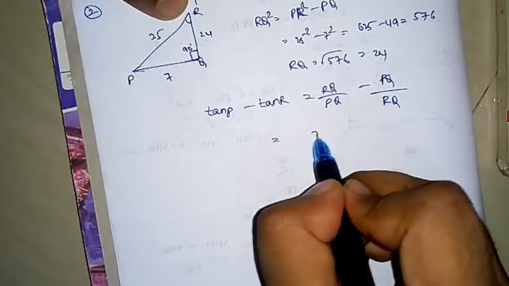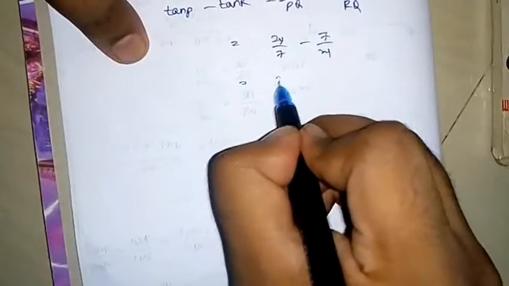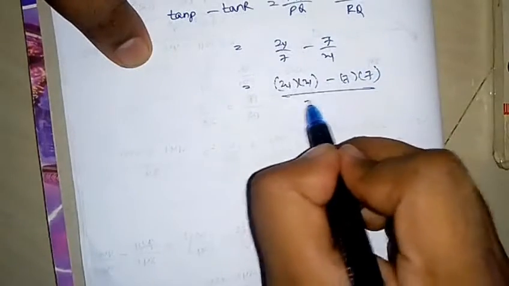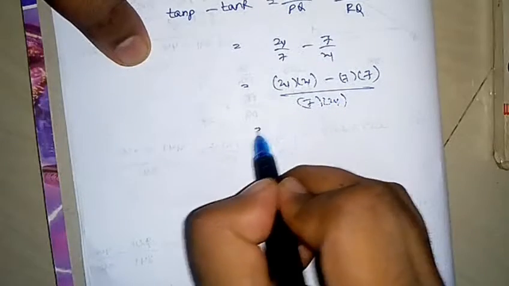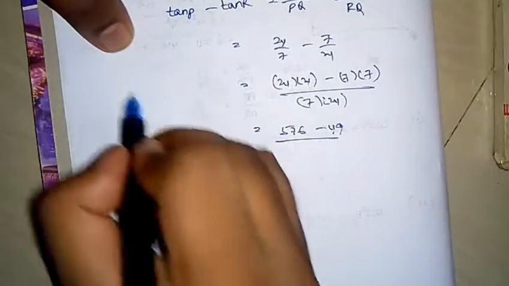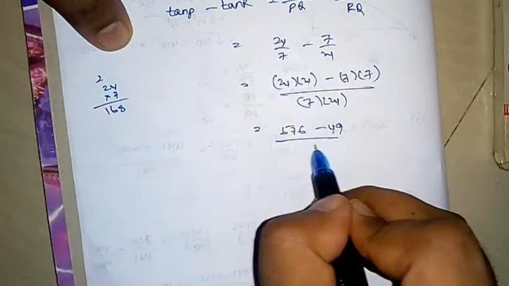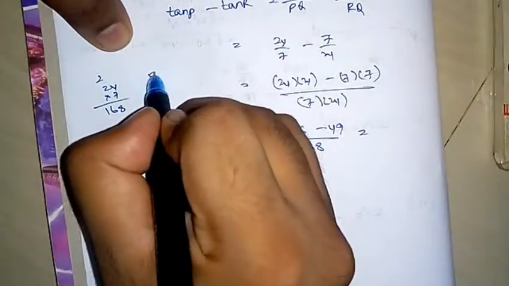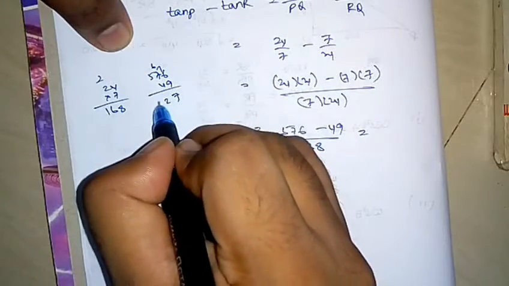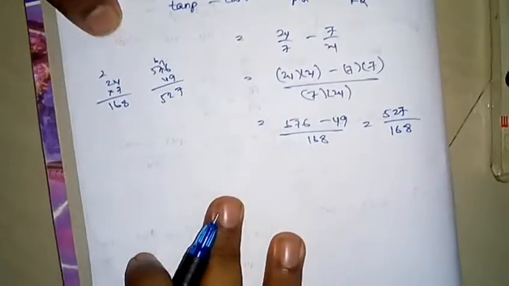So RQ is 24, so 24 by 7 minus 7 by 24, which is equal to 24 into 24 minus 7 into 7 by 7 into 24. 24 into 24 is 576 minus 49 by 24 into 7, which is 168. So this should be equal to 527 by 168.